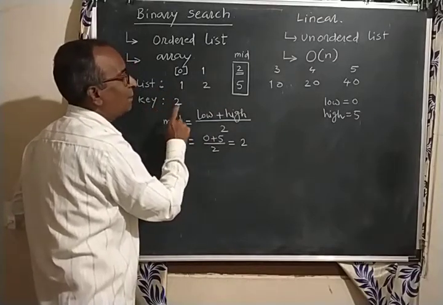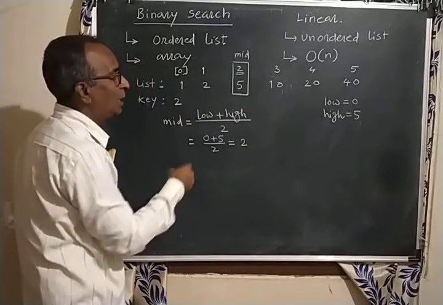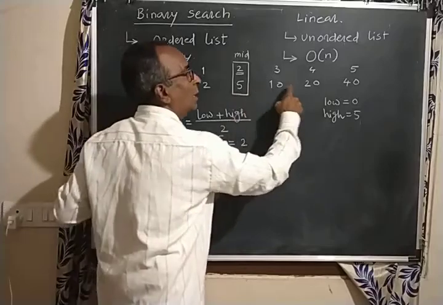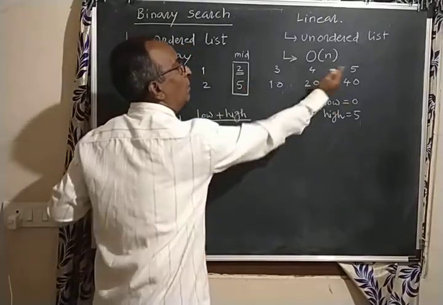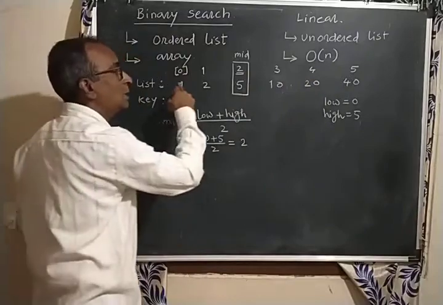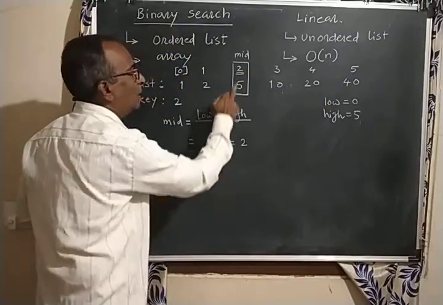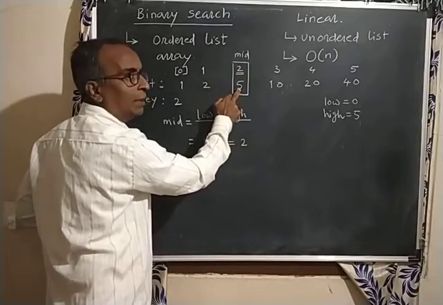So if I am searching for, suppose, 20, which is higher than this 5, where can it be? It can be towards the right hand side of the mid element, definitely, because this is a sorted list. So mid is calculated and the key is compared with the mid element.